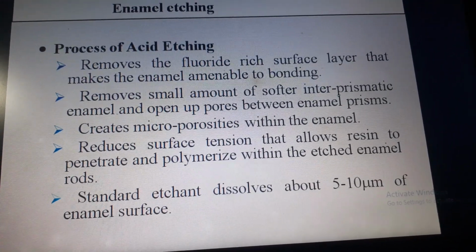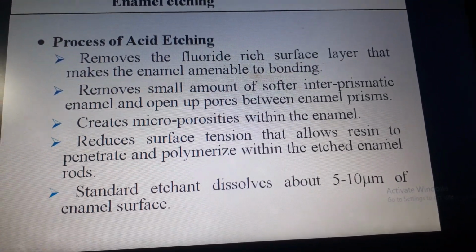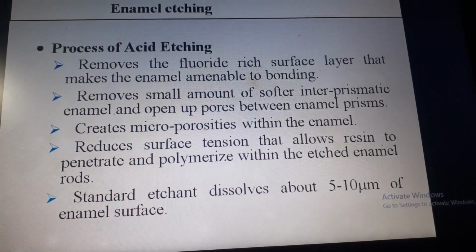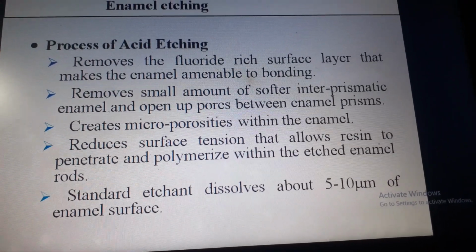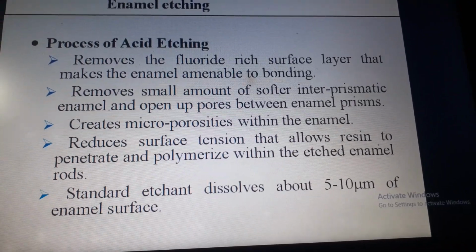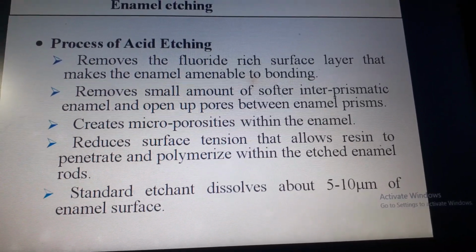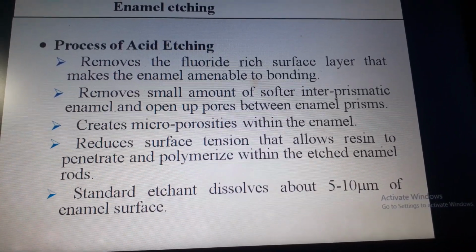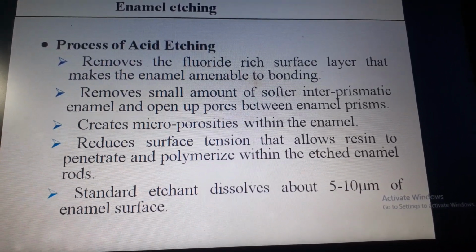Then enamel etching. What does it do? It creates micro porosities within the enamel and reduces the surface tension, which allows the resin to penetrate and polymerize within the etched enamel rods. Standard etchant dissolves about 5 to 10 micrometers of enamel surface.